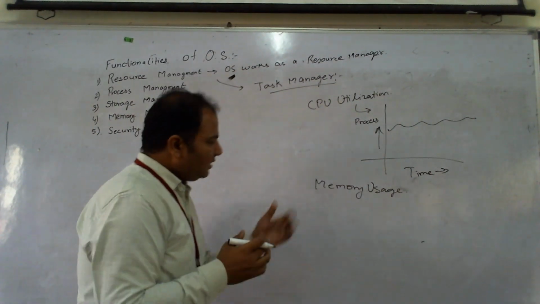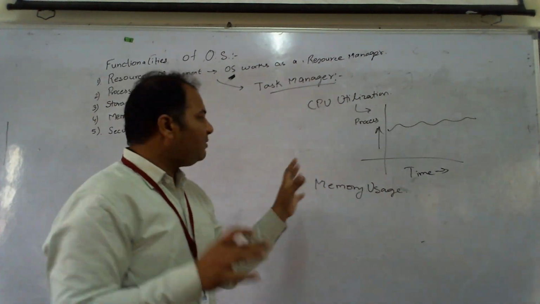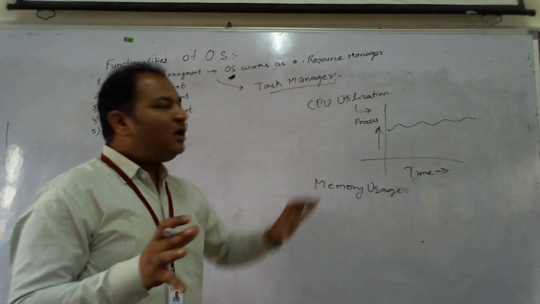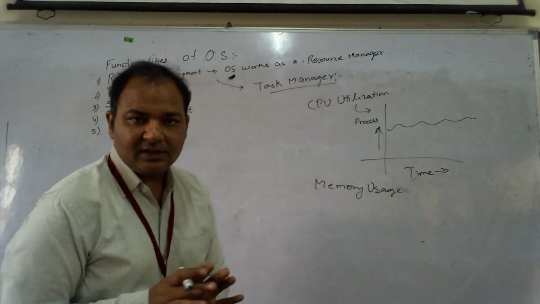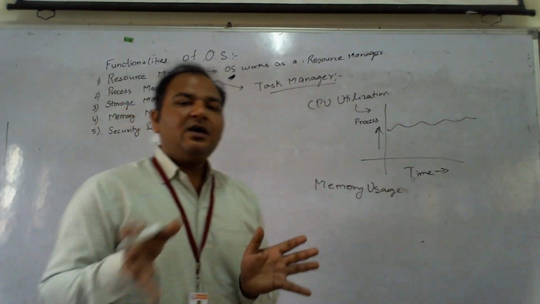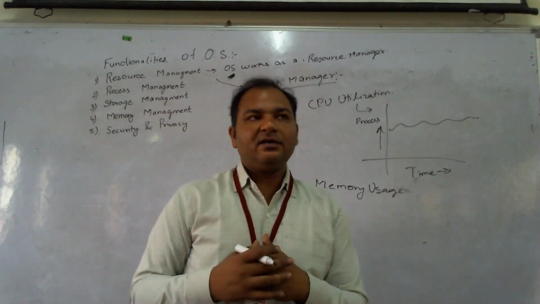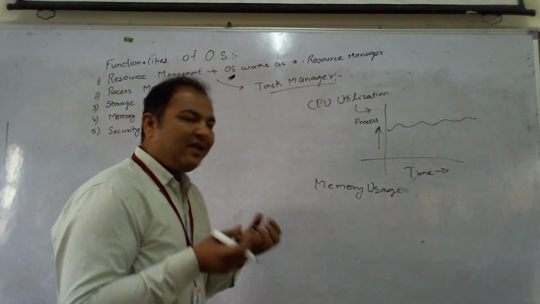Managing the CPU utilization and the memory usage is the responsibility of the operating system: how to manage it and how to make it a better experience so that the user can do all the tasks in a very efficient way.